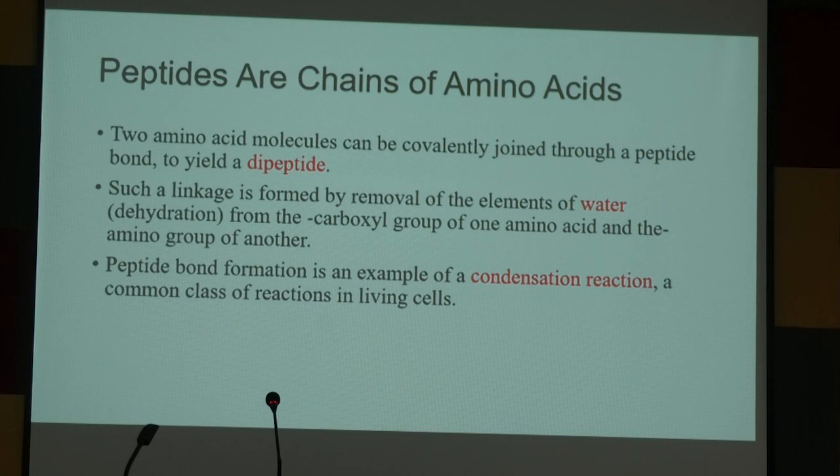Dipeptide, but how many peptide bonds are there? One. So it depends on the number of amino acids. So it is tripeptide. How many peptide bonds will be there? 2.